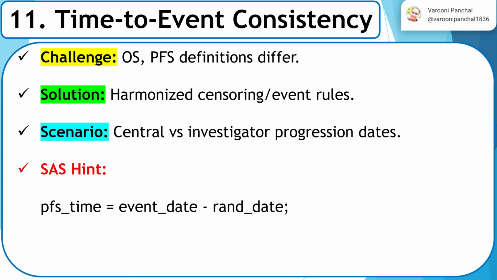Number 11 is time to event consistency. The challenge here is that OS is overall survival and PFS is progression free survival, and the definitions differ. The definitions across all 12 individual studies are somewhat the same but a little bit different. The solution is to get harmonized censoring and event rules.